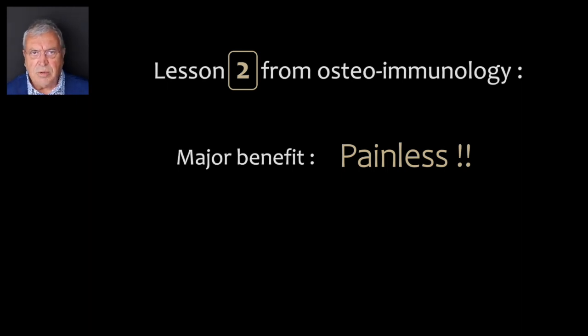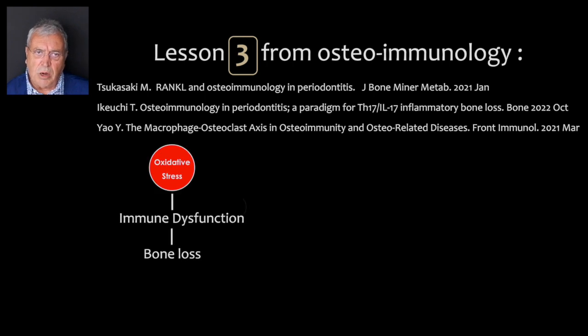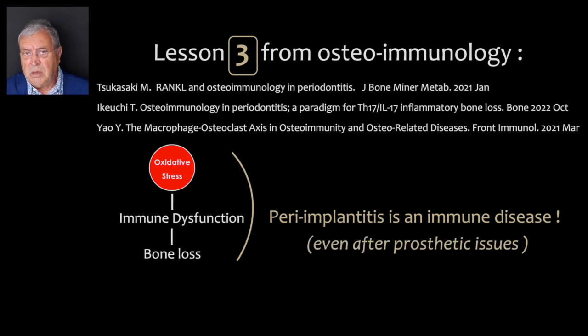The third lesson from osteoimmunology is that now we understand why we lose the bone, because of the immune dysfunction following the oxidative stress. And then it's very easy for me to say peri-implantitis is an immune disease, bone loss is an immune disease, even after prosthetic issues.